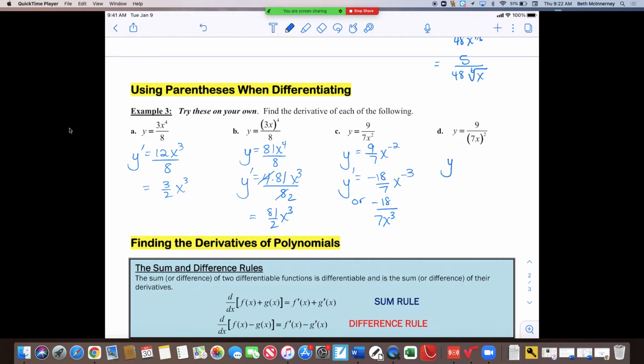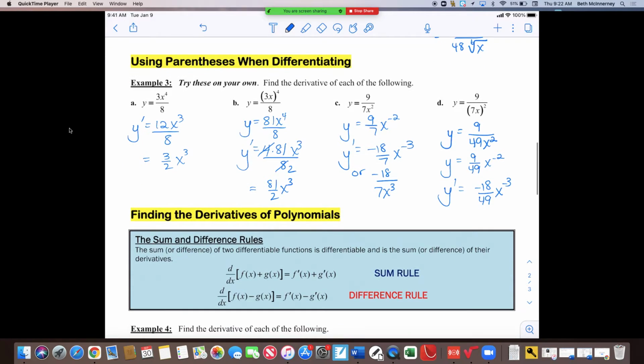All right, letter D. I cannot do the power rule yet. I'm going to first multiply 7x squared. I'm still not ready for it. Now I can bring down my power. I got negative 18 over 49 x to the negative 3rd, or negative 18 over 49 x cubed.